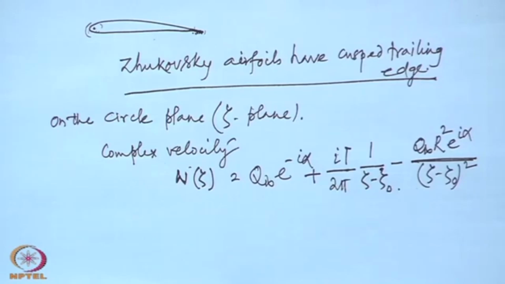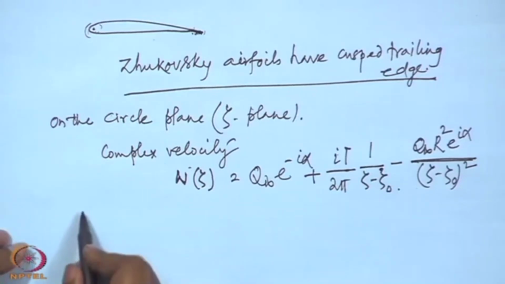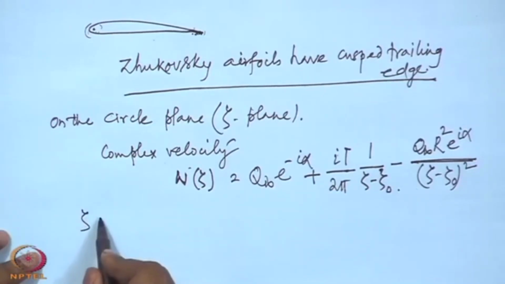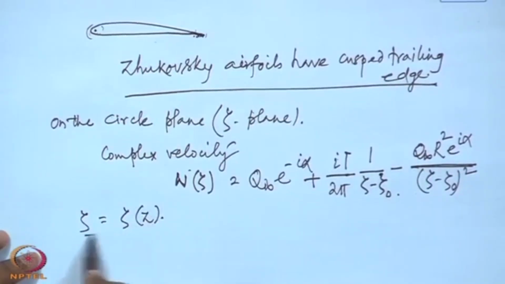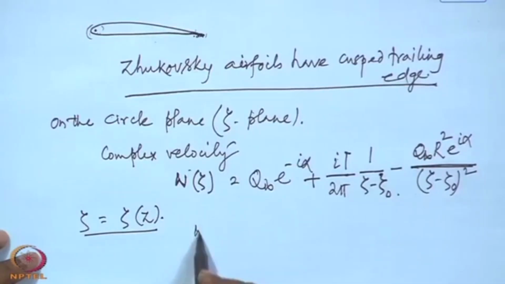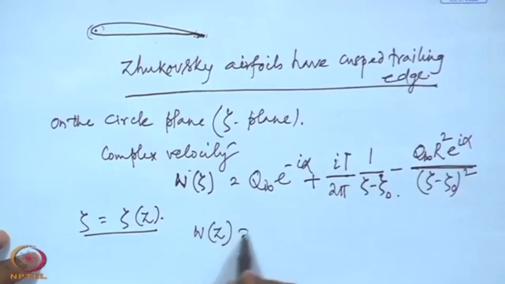What will be the velocity in the complex plane W z?